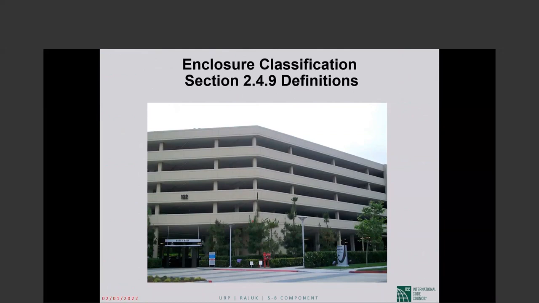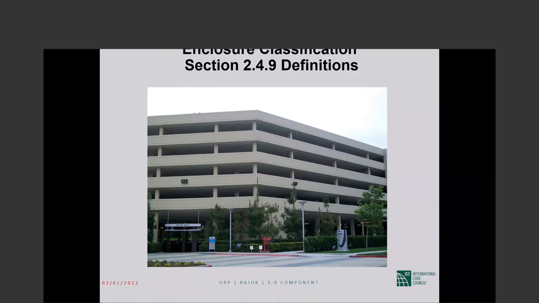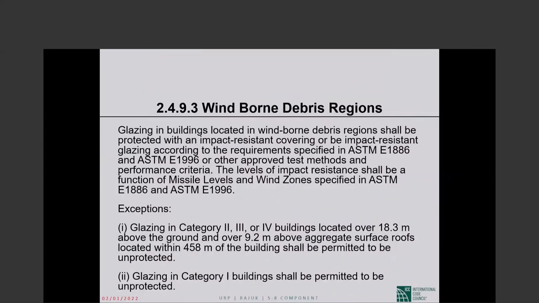That gas station is an open building, and this parking structure is an enclosed building. Enclosed, again, does not mean a jailhouse without openings on the faces. It simply means it is not a partially enclosed building or an open building by ASCE 7 definitions.